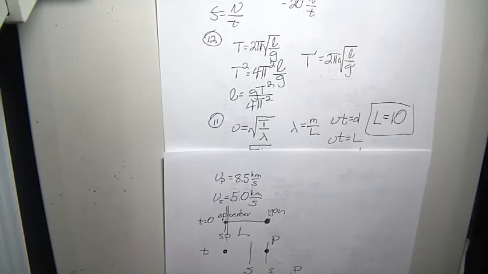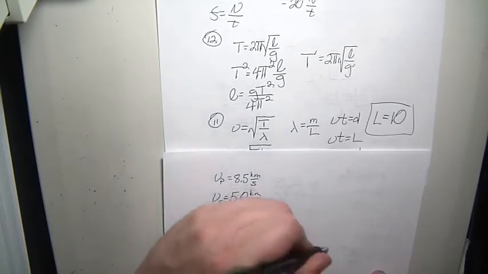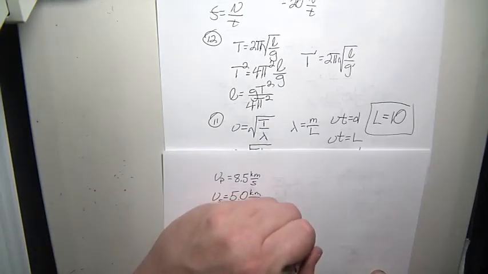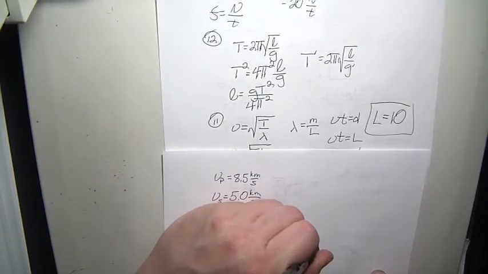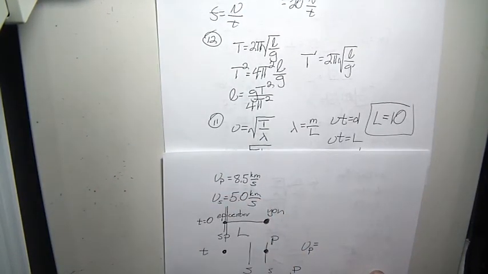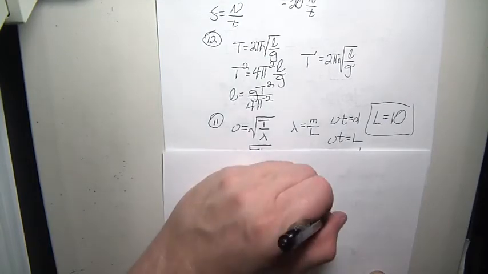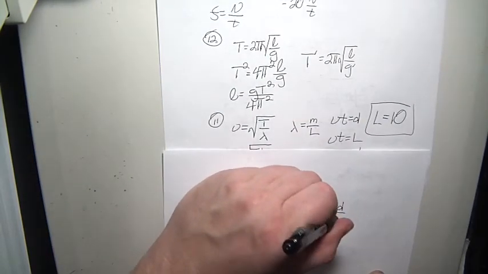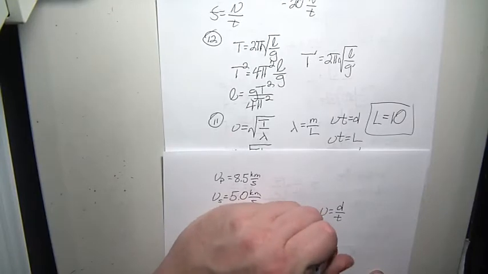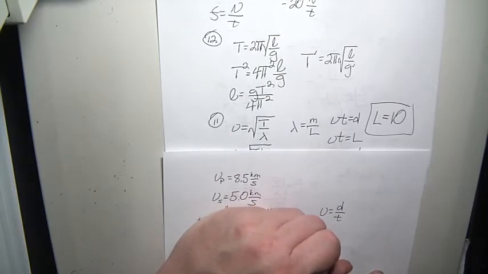In both cases, they use the same L. So the velocity of the P wave getting to you, since velocity is distance over time, is L divided by TP.